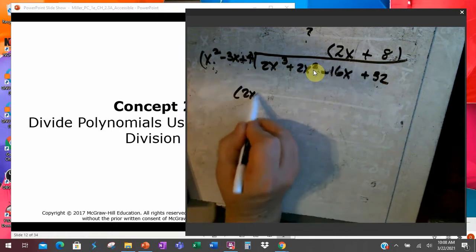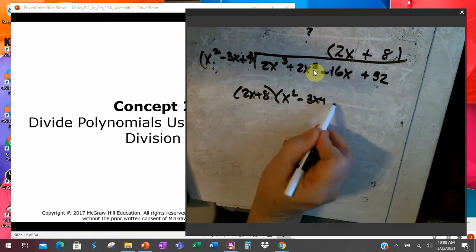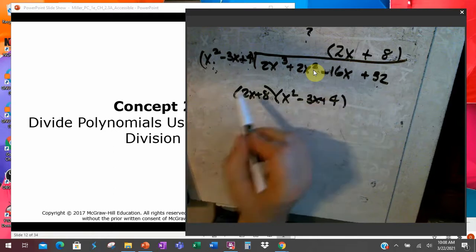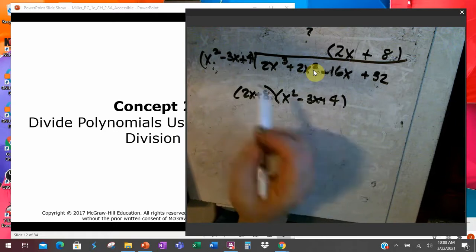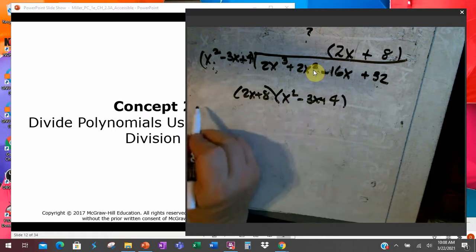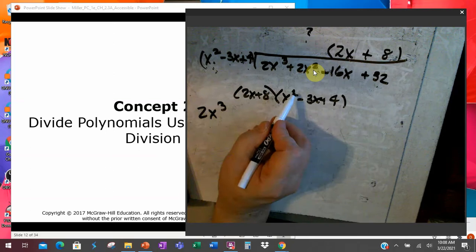So 2x plus 8 times x squared minus 3x plus 4, and then I distribute and group them up. So 2x times x squared, I'm going to start over here, 2x cubed, that times that.